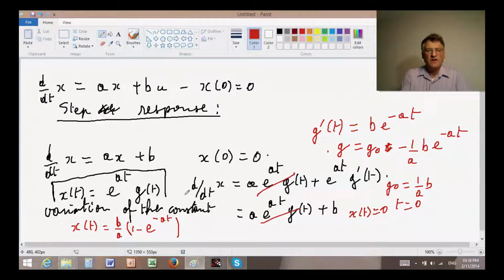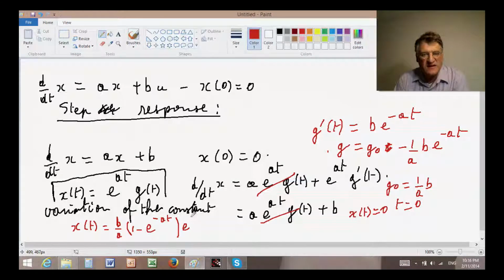Okay, so what have we got here? We have a description of the solution, of the response of the system. Now, what do we find? We find that g of t is equal to g0 times this, and so x of t is equal to e to the at times g.